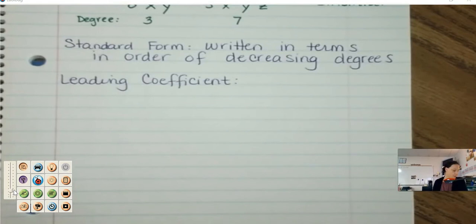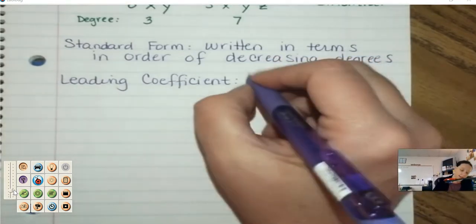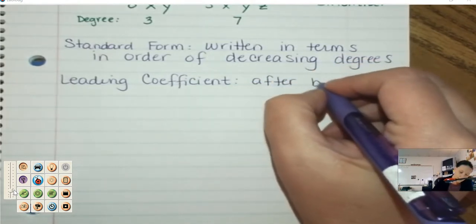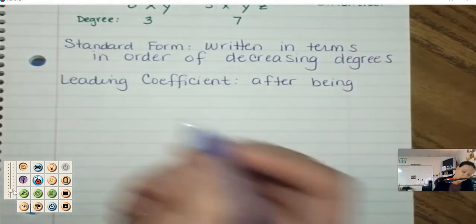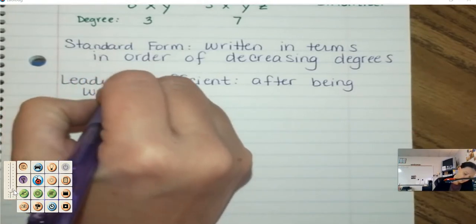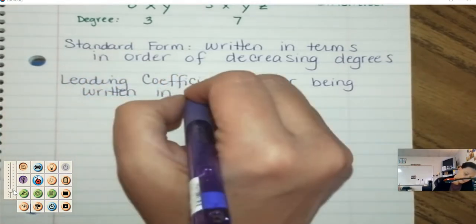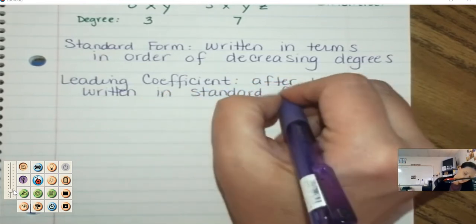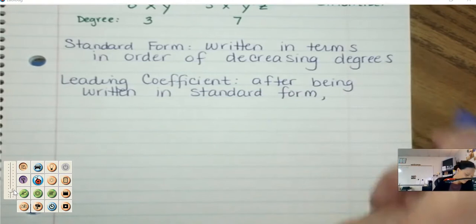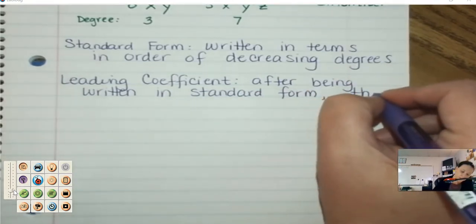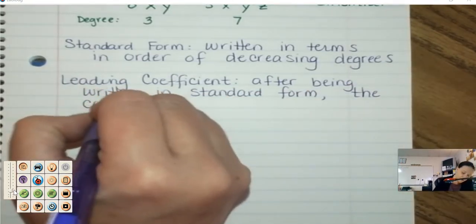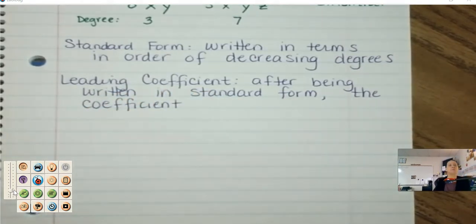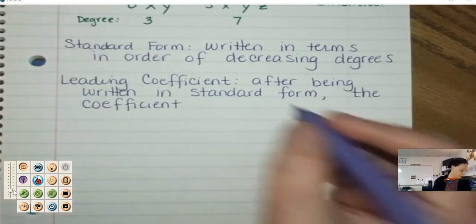After being written in standard form, it's going to be the coefficient on the first term. Coefficient, remember, is the number that's touching the letter. We did this a ton in August.